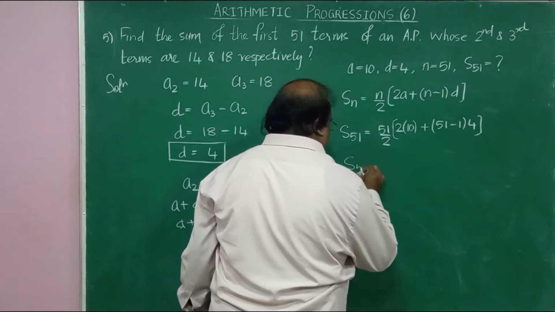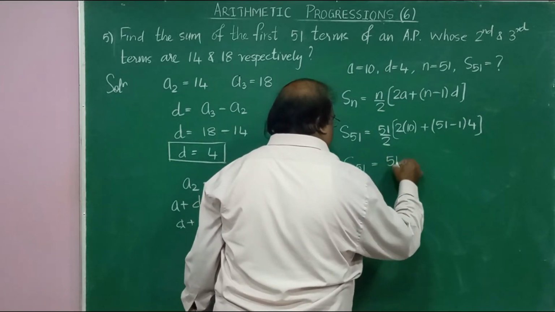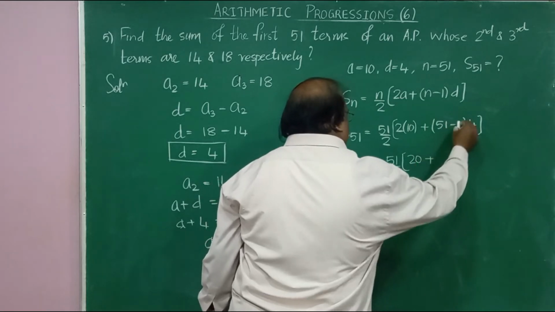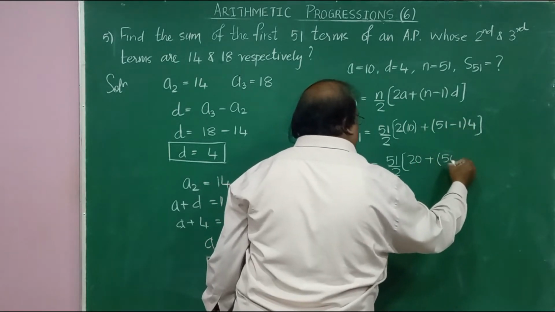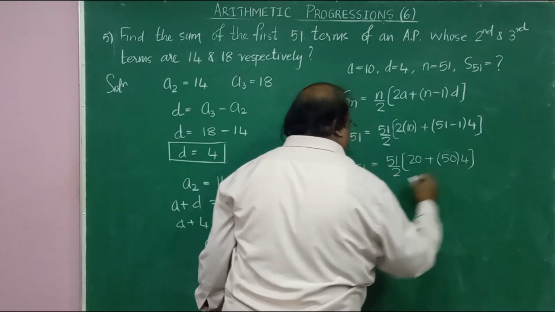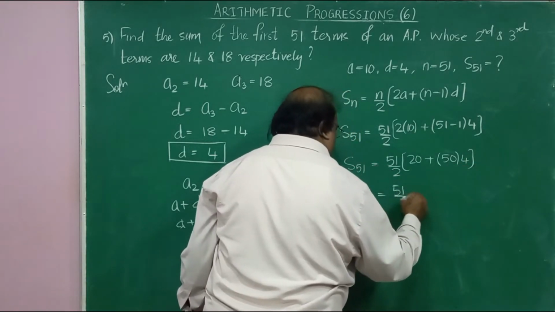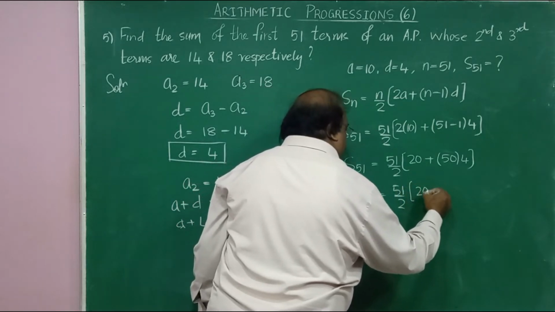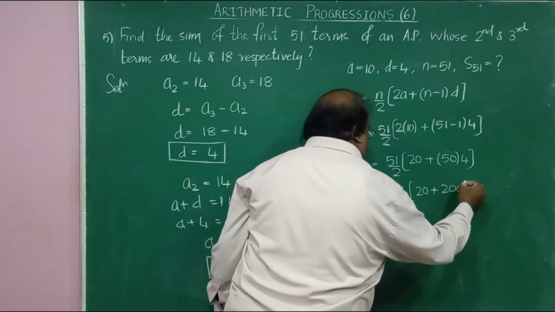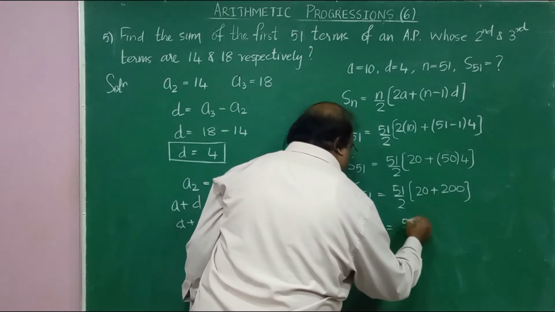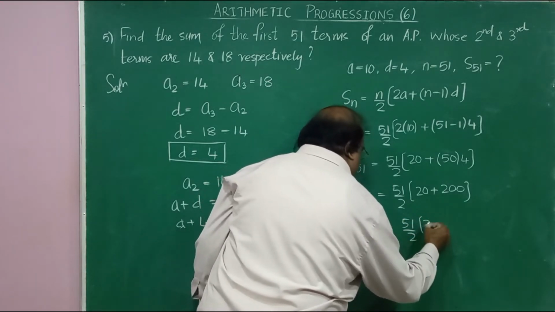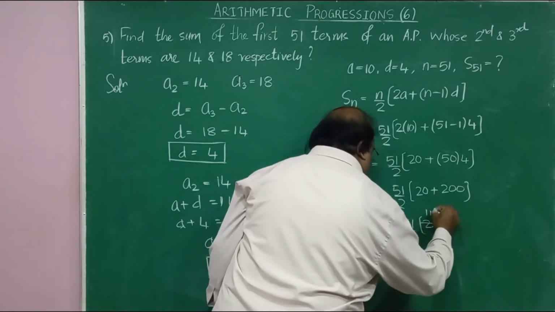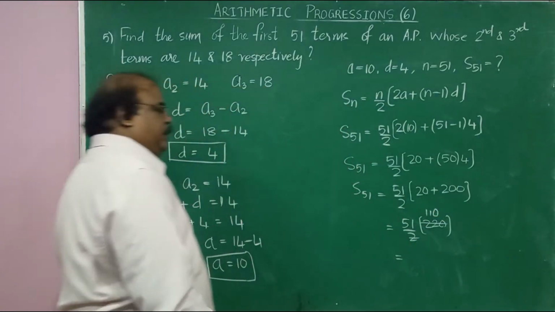So S51 is 51 upon 2 into bracket 2a plus 50 into d. 2 tens are 20, and 51 minus 1 is 50 into 4. So you get 51 upon 2 into bracket 20 plus 200, so 51 upon 2 into 220, which is 51 into 110.